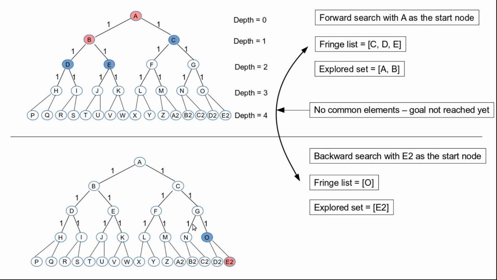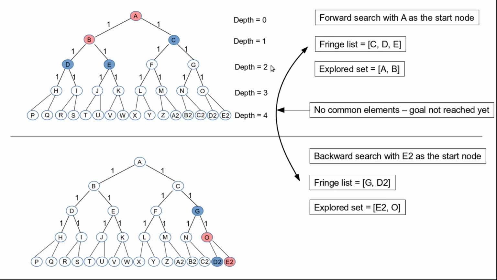And then we perform the next step in the backward search, and we will select node O and expand it to generate two nodes Z and D2. These two nodes, Z and D2, are entered into the fringe list, whereas node O goes to the explored set.